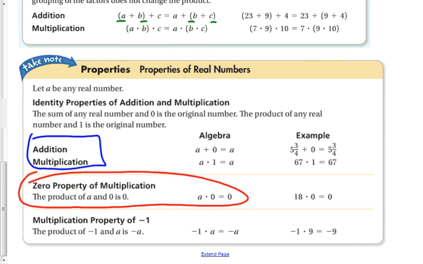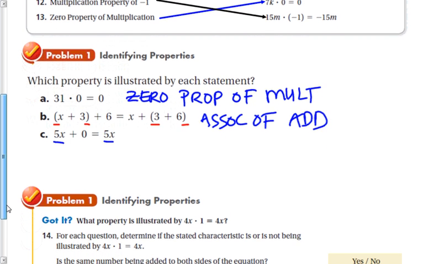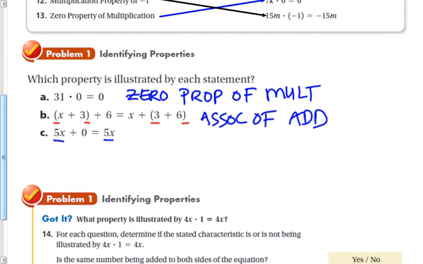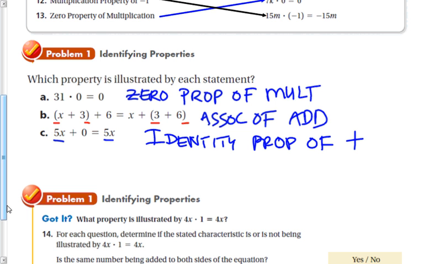The way you get the number back in addition is you add 0. The way you get the number in multiplication is you multiply by 1. So, since we're adding here, that's the identity property of addition. And I'll abbreviate that using a plus sign.